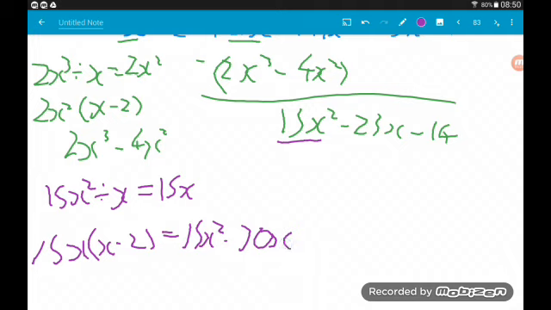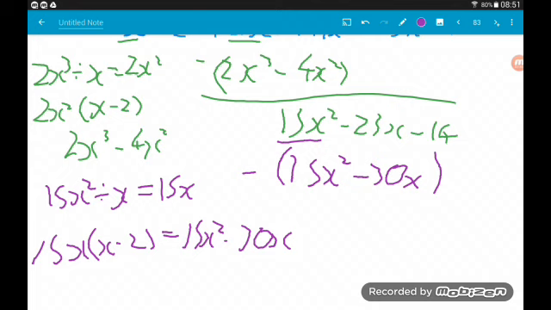We write that underneath, so 15x squared minus 30x. And now we're subtracting this purple expression from the green expression.